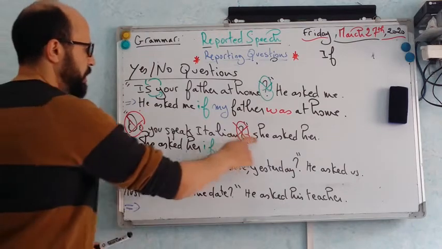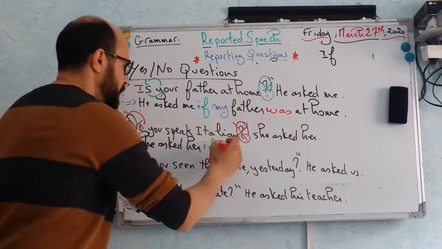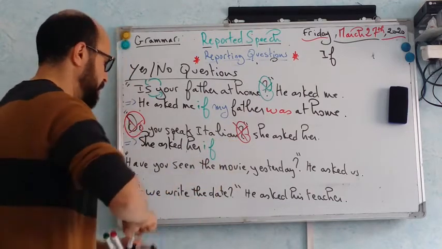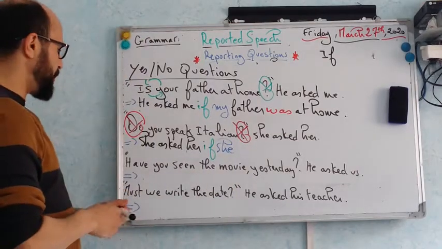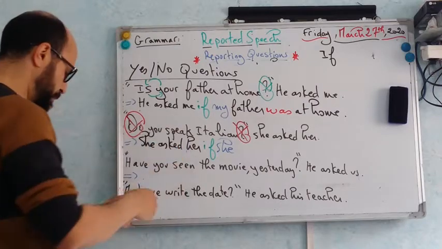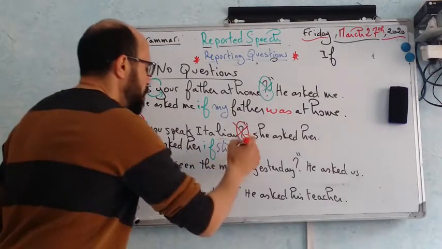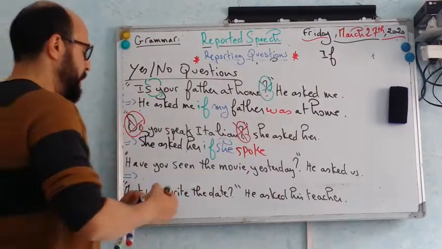You. So she's speaking to another girl. So that's here she. If she. She, verb speak in simple present, because what we do, simple present becomes simple past. If she spoke. Good, very good. Italian.